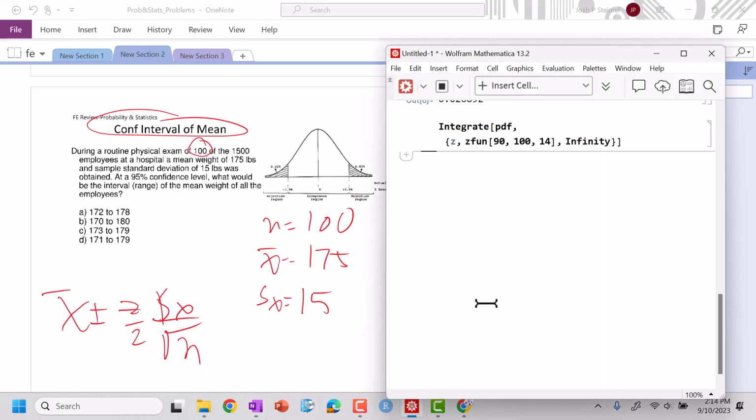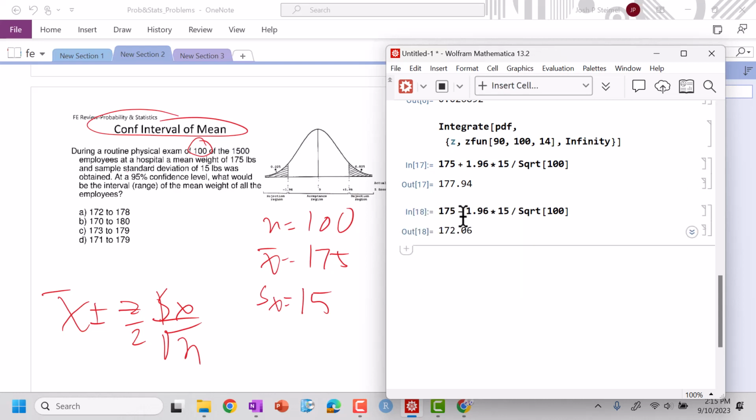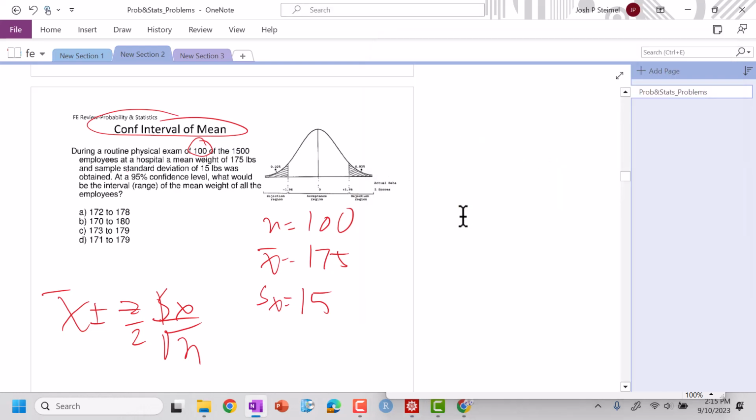So I can do 175 plus 1.96 times, what's our standard deviation? 15 divided by square root of 100. Here we go. And then we can do minus. Basically right here.